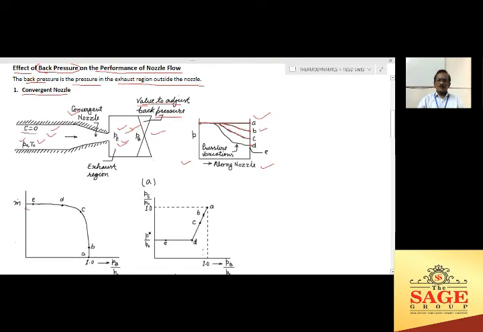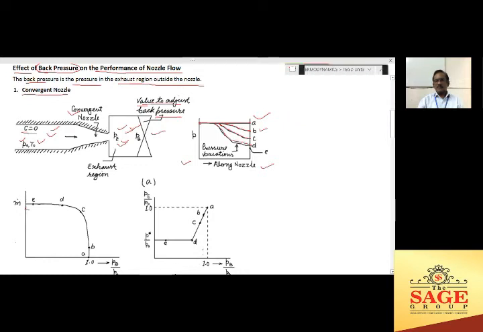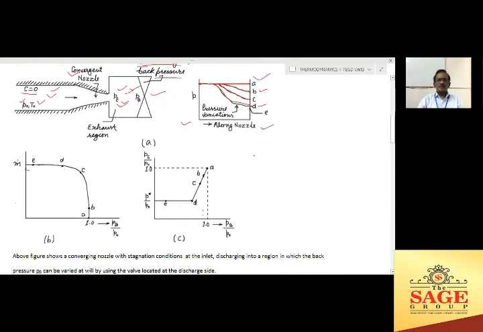Then on further decreasing the back pressure, which means the exit pressure, we get another curve, curve D, and the pressure will vary. We are seeing that the pressure is going to decrease further.